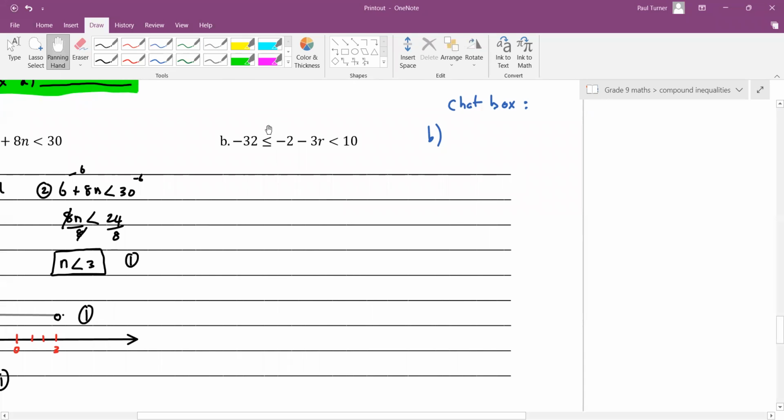Okay, so you don't need to split this into two equations. You can if you want to, but you don't need to. All right, I'll leave you to think about this one for a while because we only have 10 minutes left anyway.